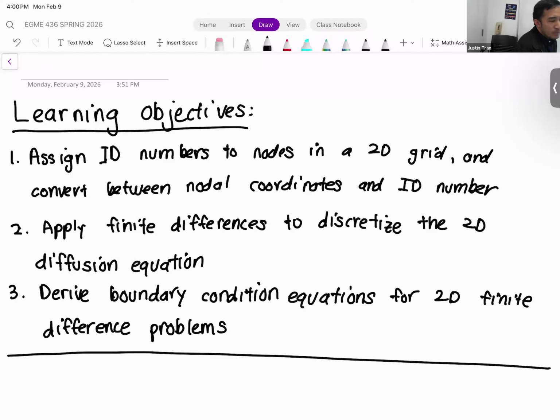You may have noticed that a lot of the notes I'm using for this class are taken from another class that I teach, EGME 417, computational heat transfer. But in that class, I focus a lot more on the MATLAB programming. This time I'm not. So there's going to be a lot of things in the lecture notes which refer to the MATLAB programming, but we're obviously not going to do that in this class.